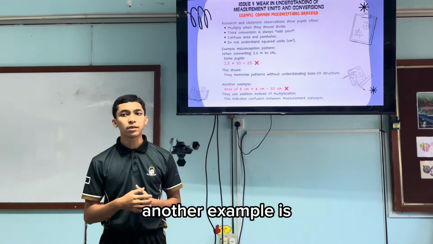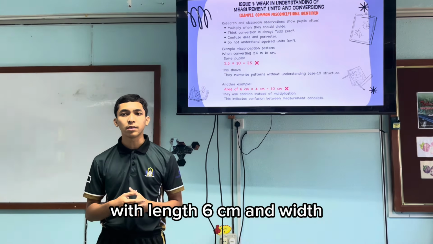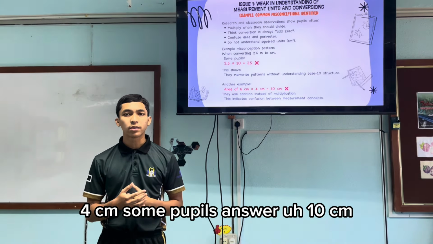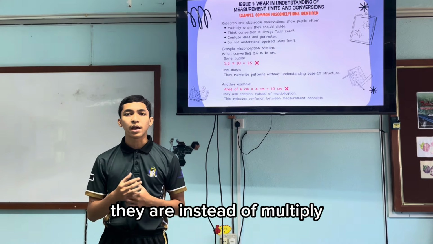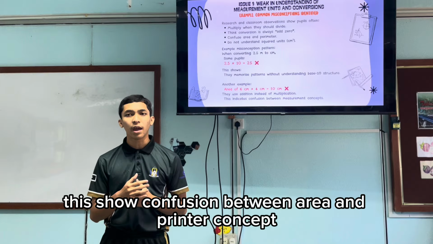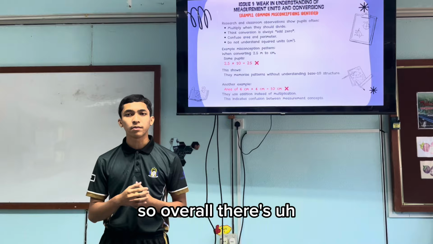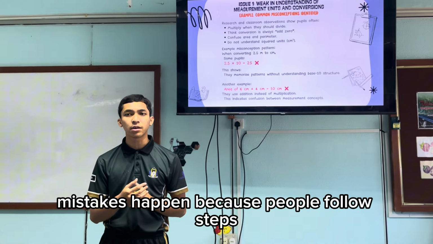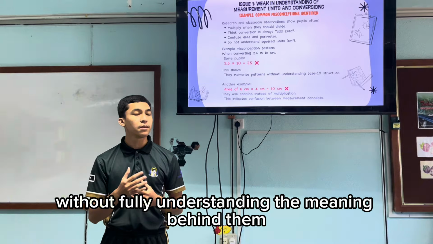Another example is when finding the area of a rectangle with length 6 cm and width 4 cm. Some pupils answer 10 cm, they add instead of multiply. This shows confusion between area and perimeter concept. So overall, these mistakes happen because pupils follow steps without fully understanding the meaning behind them.